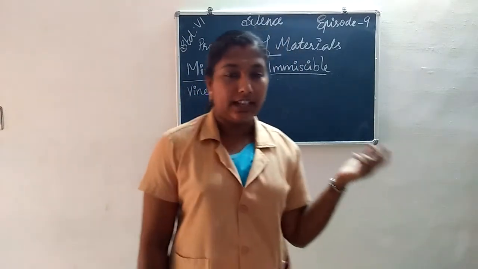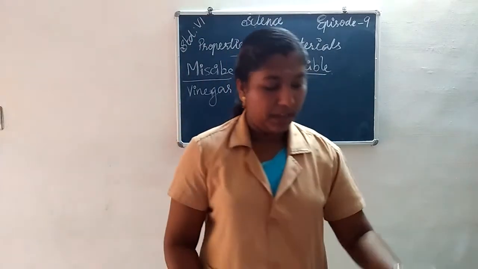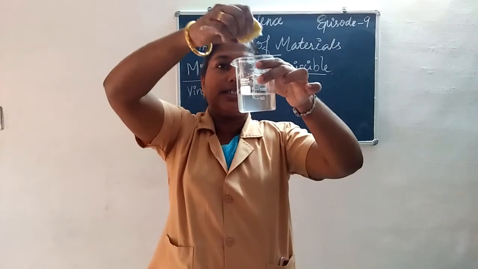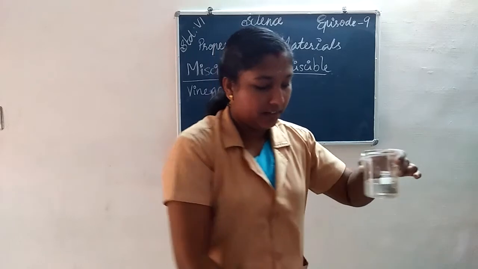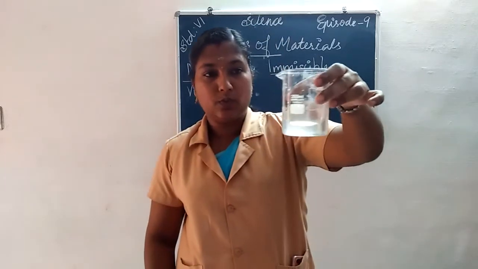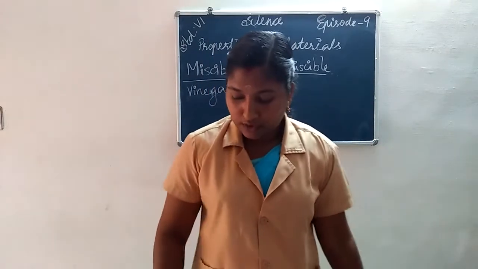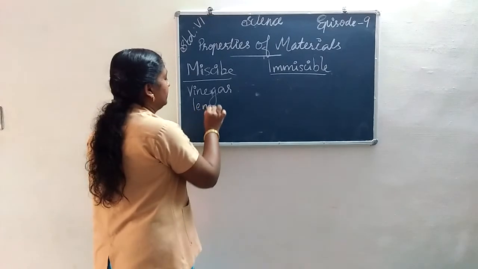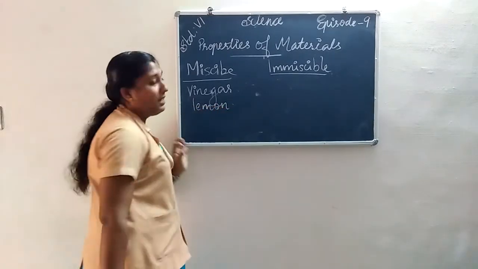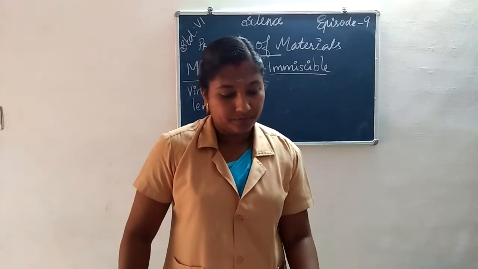If we take a beaker, then I add some lemon juice into the solution. What happens? It mixes well with the water. So lemon is also an example of a miscible liquid.